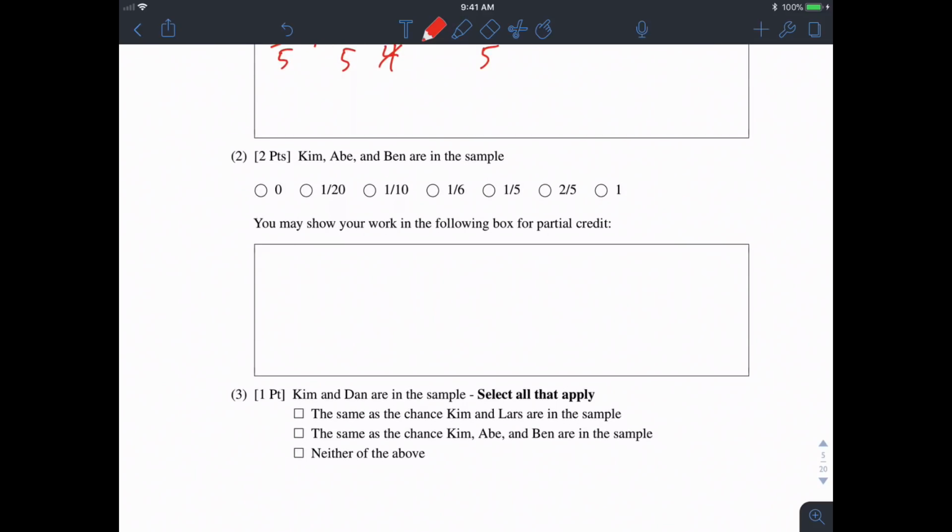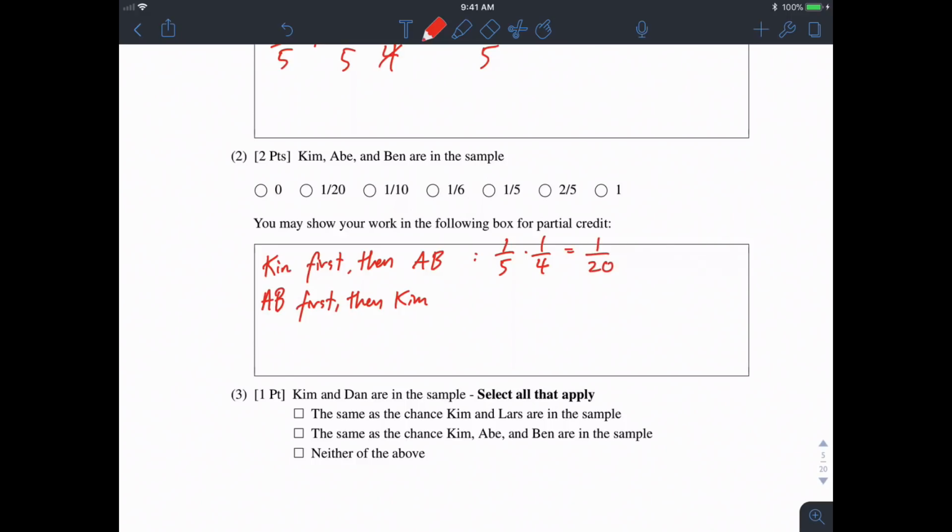Either we can choose Kim's first, then the house with Abe and Ben, or we choose the Abe and Ben house first, then the house with Kim. The probability that we choose Kim's house first is 1/5. The probability that we choose Abe and Ben's house next is 1/4. So that's 1 over 20.